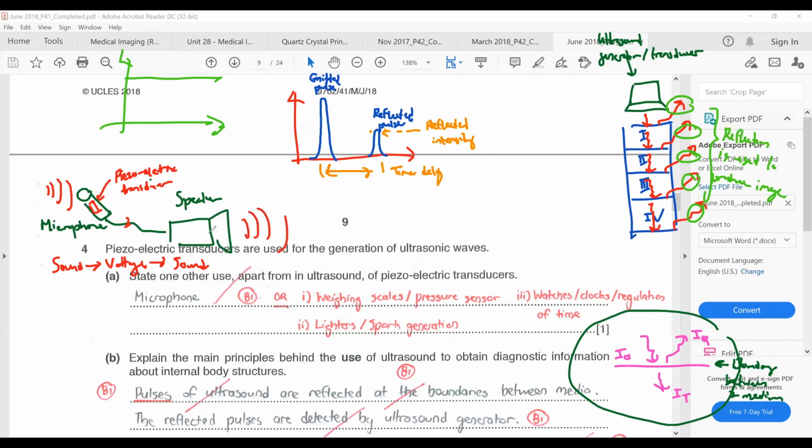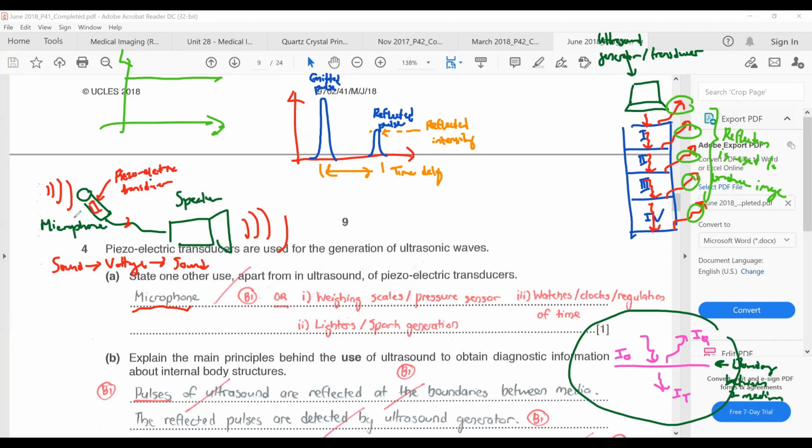So in your case here, another use of a piezoelectric transducer apart from producing ultrasound is in your microphone. Your sound waves from your voice will be converted to voltage variations, which you direct to your speaker, which reproduces your sound waves.